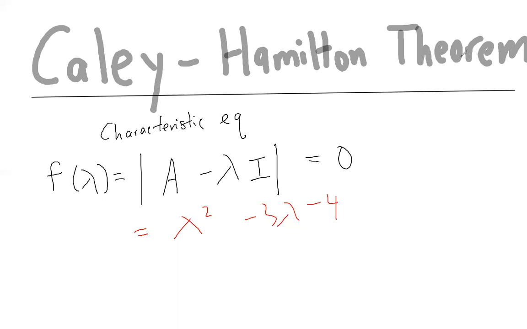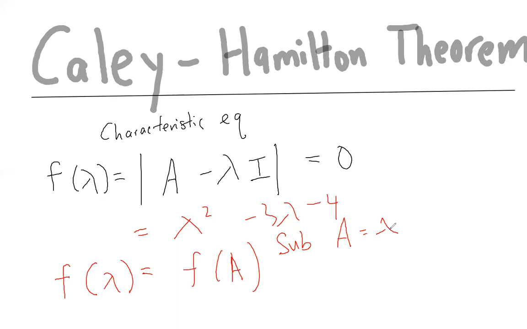So Cayley Hamilton theorem itself says, very simply, that this is equal to f of A. It means the matrix itself satisfies its own characteristic equation. We just substitute A for lambda, so we change all the lambda into A. That's it, and this is what the Cayley Hamilton theorem says.